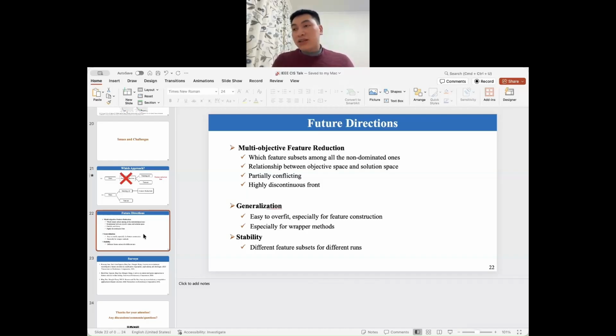The other one is that some people also do something similar to MOEA/D, where each task has a different way to form the fitness function, or sometimes we call it multi-form feature selection.